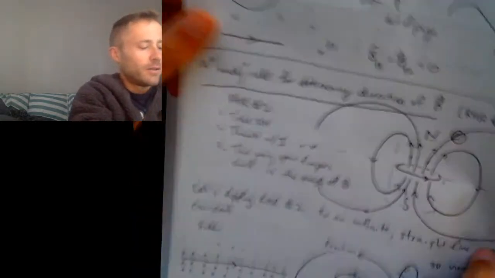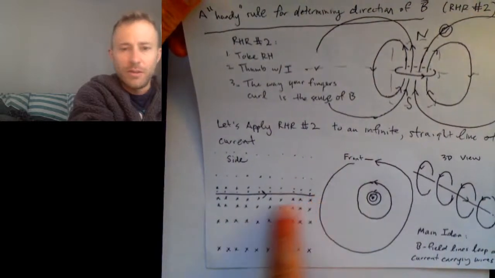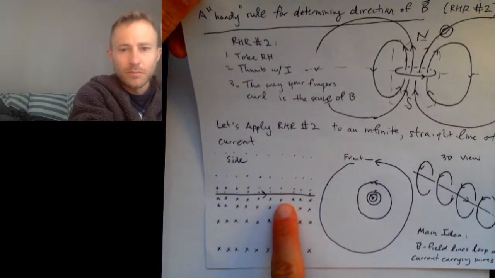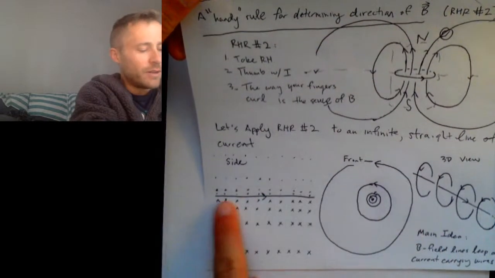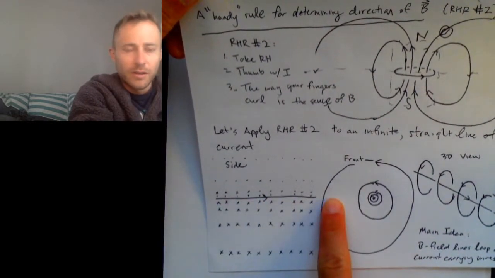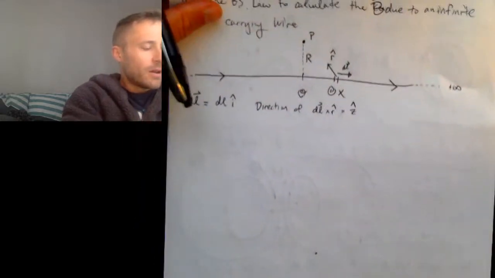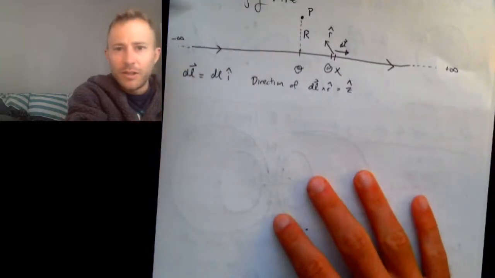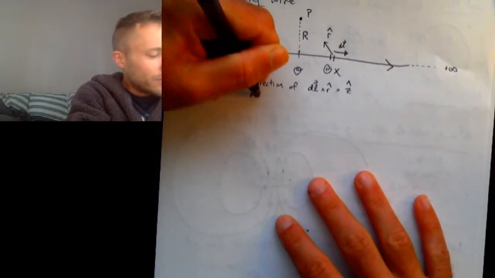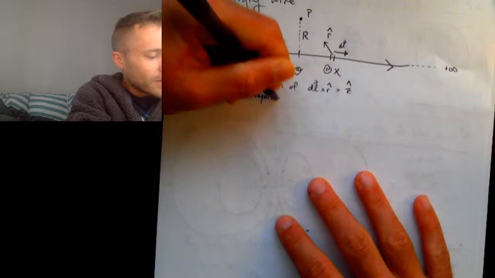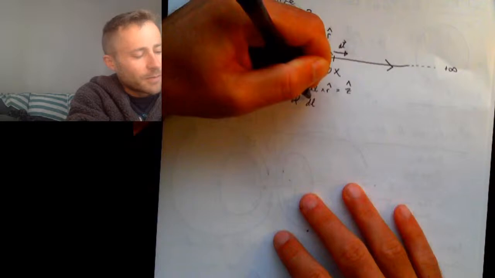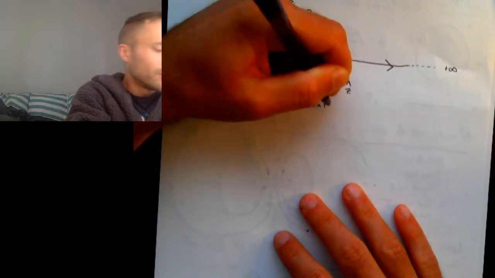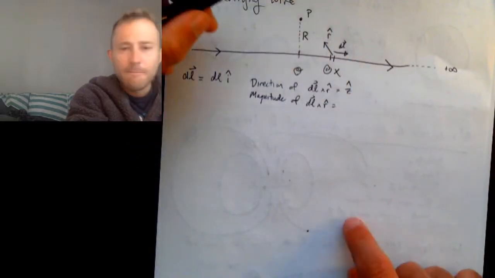We saw that the magnetic field points out of the page if we have an infinite line of current that's carrying current to the right. So that's consistent. Now we need to get the magnitude of dl cross r hat.